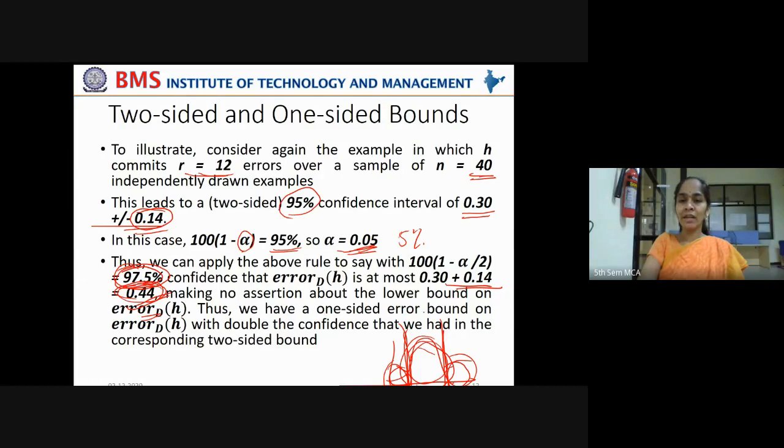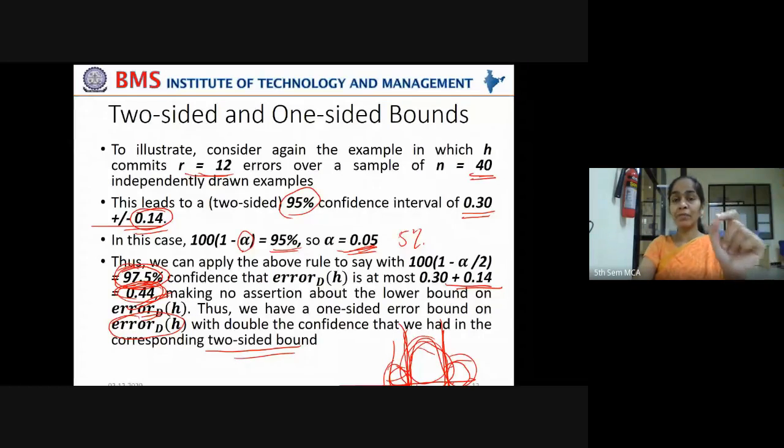Thus, we have a one-sided error bound on this true value with double the confidence that we had in the corresponding two-sided bound. In the two-sided bound, we have only 95% confidence. But in this one-sided bound, we are increasing our confidence to 97.5%, stating that 97.5% of the time, my machine learning model is generalizable.